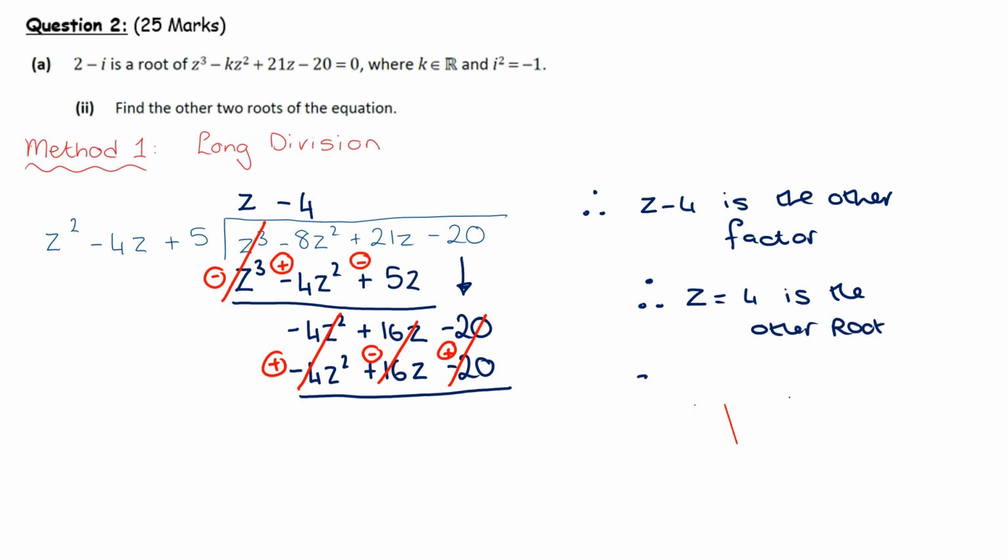So that means z equals 2 minus i, we have 2 plus i and 4. So these are all the roots. So that's all of our roots.